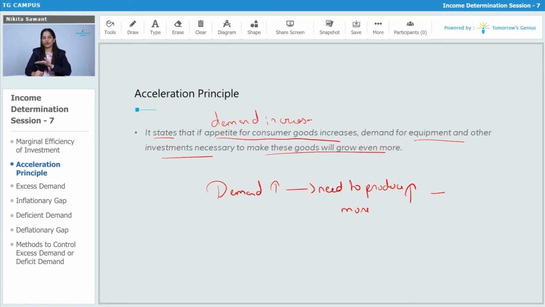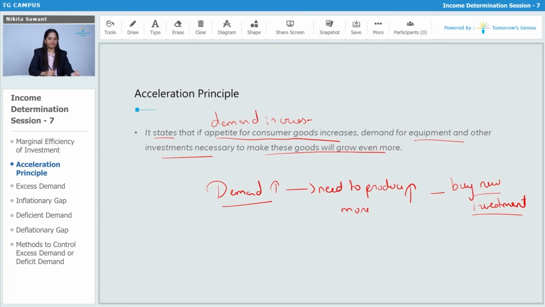By employing new investment. They will buy new investment. So that is how a change in demand will accelerate the investment in the country. If the change in demand is more, then the investment will also increase.